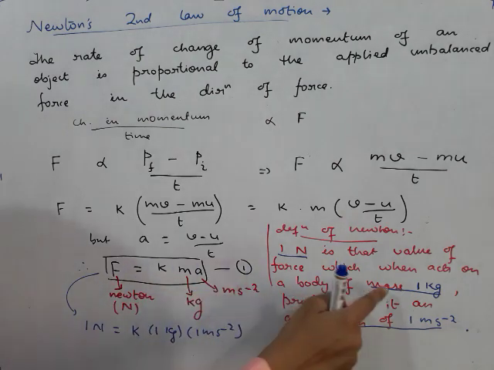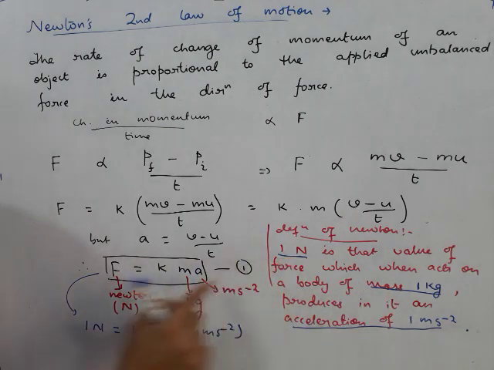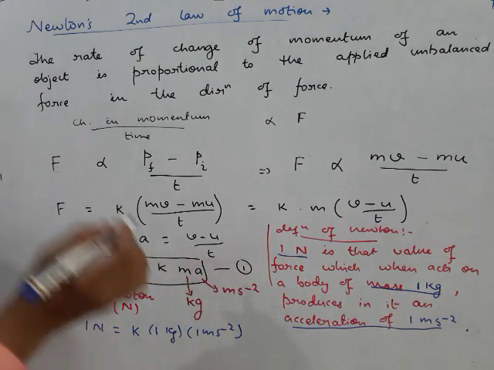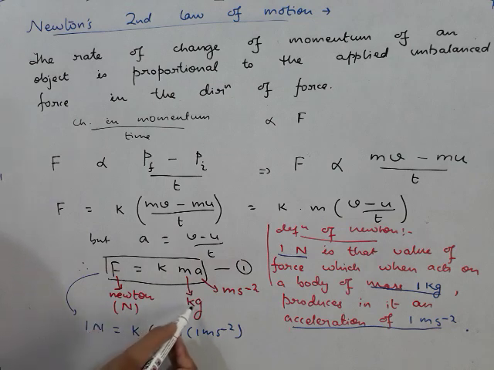I have discussed kg meter per second square is nothing but Newton. So this Newton and kg meter per second square will cancel. 1 will be left, and here k is there, and again 1 will be left. So k into 1 is nothing but k. So this gives us the value of k as 1.